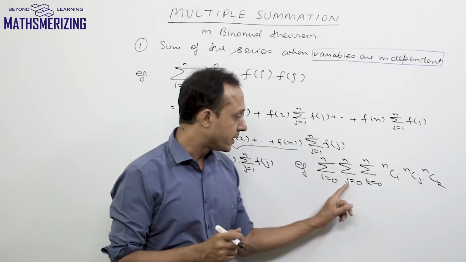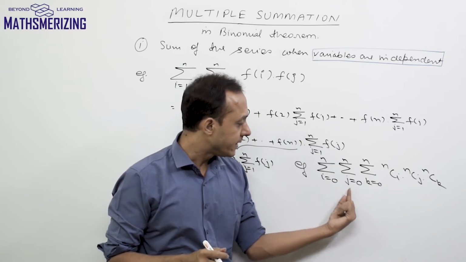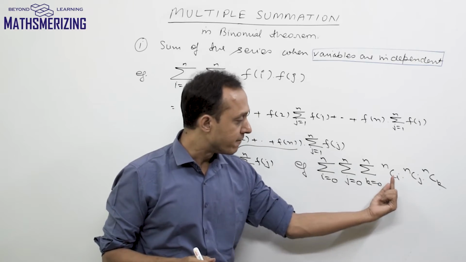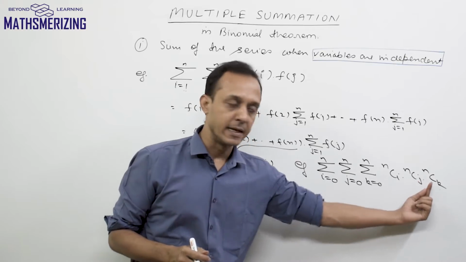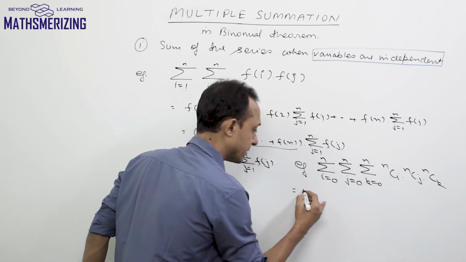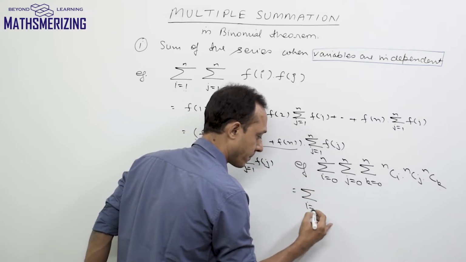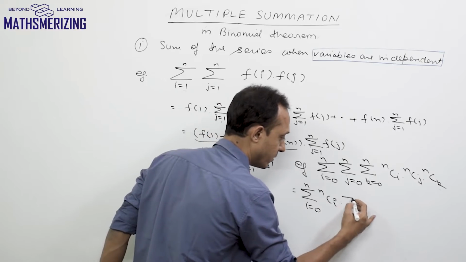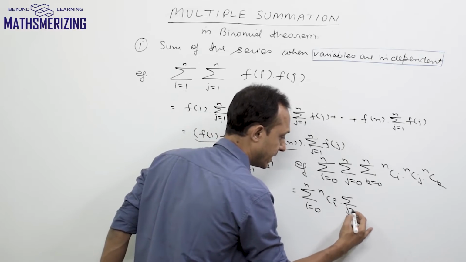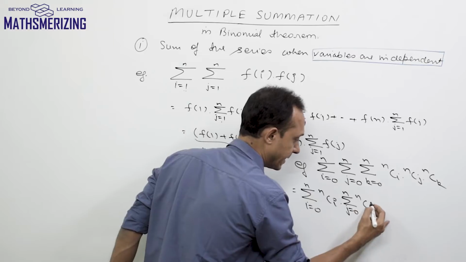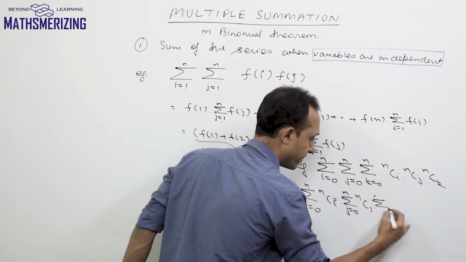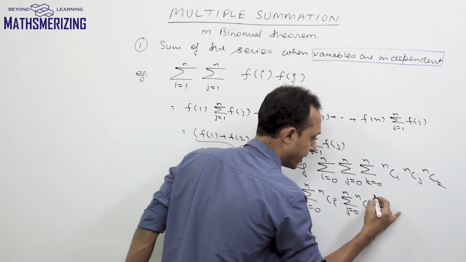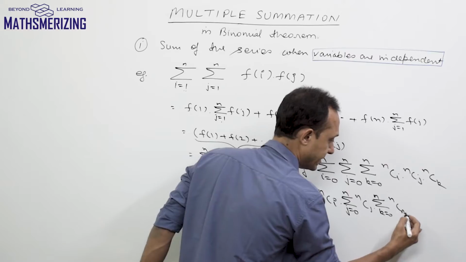Now when I look at all three, these three variables are independent, and we have separate expressions for i, j and k. So I can write it as summation i varies from 0 to n, nCi, into summation j varies from 0 to n, nCj, and summation k varies from 0 to n, nCk.